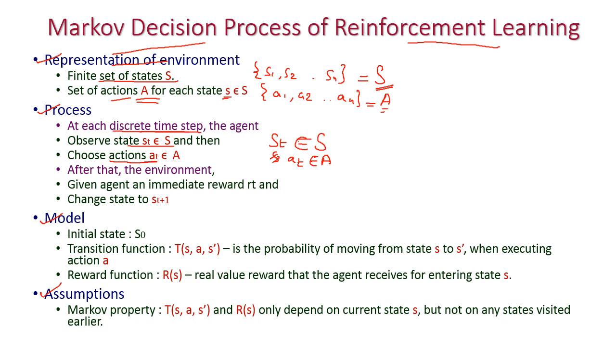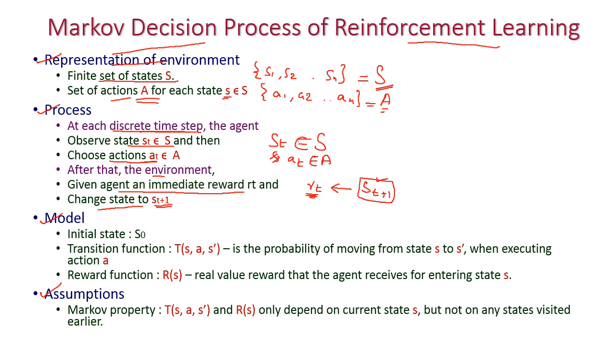After that the environment gives the agent an immediate reward, r at time t, and changes the state to s at t plus 1. After executing an action we get a reward, and then the state changes.